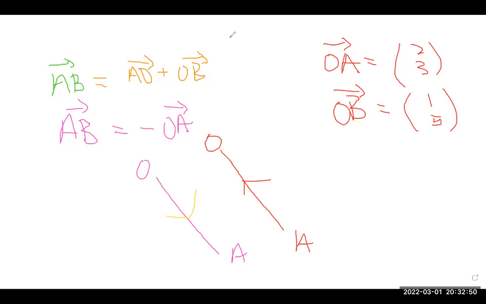So what's the problem then? They gave me OA, not AO. Oh, I see, miss. My bad. And I'm saying that AO is the same as saying negative OA. Do you understand that? Yes, miss. Okay.